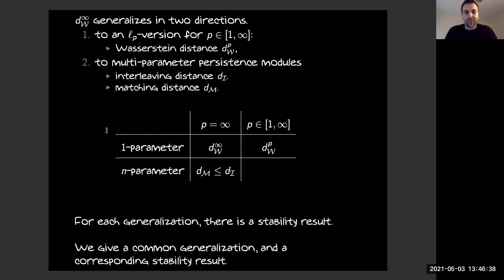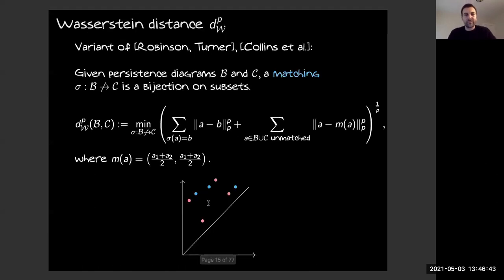Okay. So I'm going to start with the p-Wasserstein distance. We're going to start with this box first. The first thing to say is that there are a few different variants of the p-Wasserstein distance on barcodes floating around in the literature. The one that I'm going to talk about is, I believe, due to Robinson and Turner.